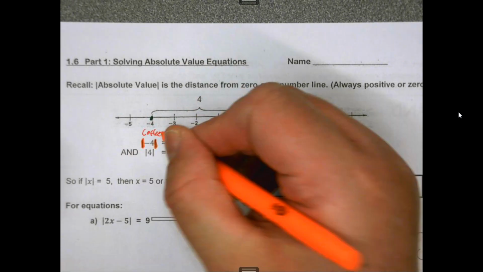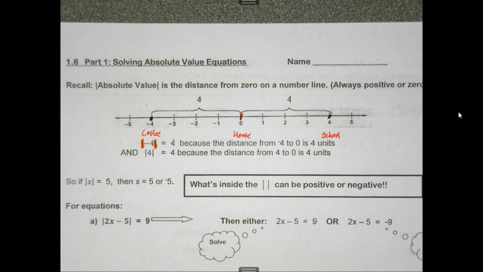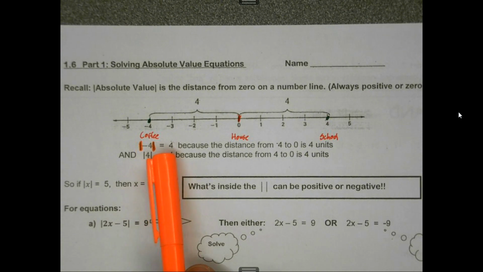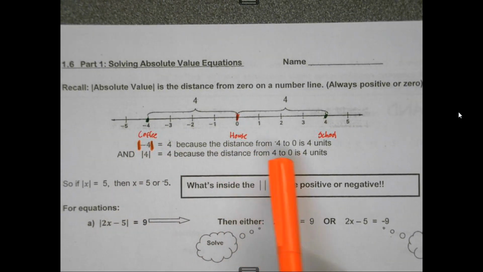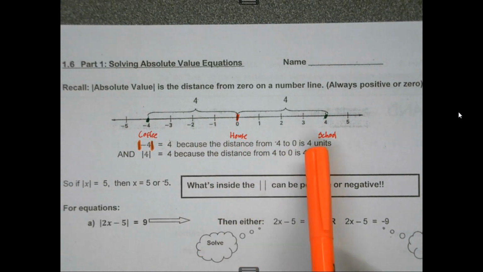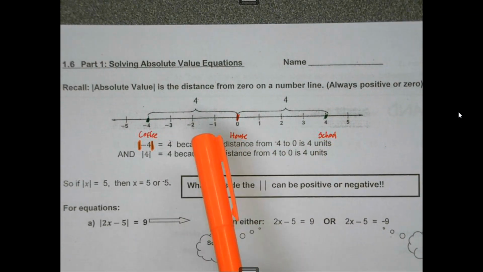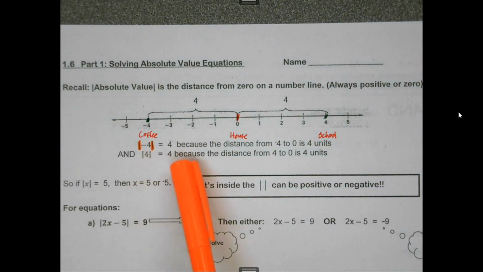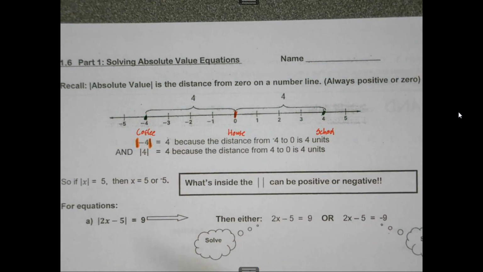The definition of absolute value is the distance from 0. In other words, the distance from -4 to 0 is 4 units. The distance to +4 is 4 units. So we have to put those absolute value bars there.